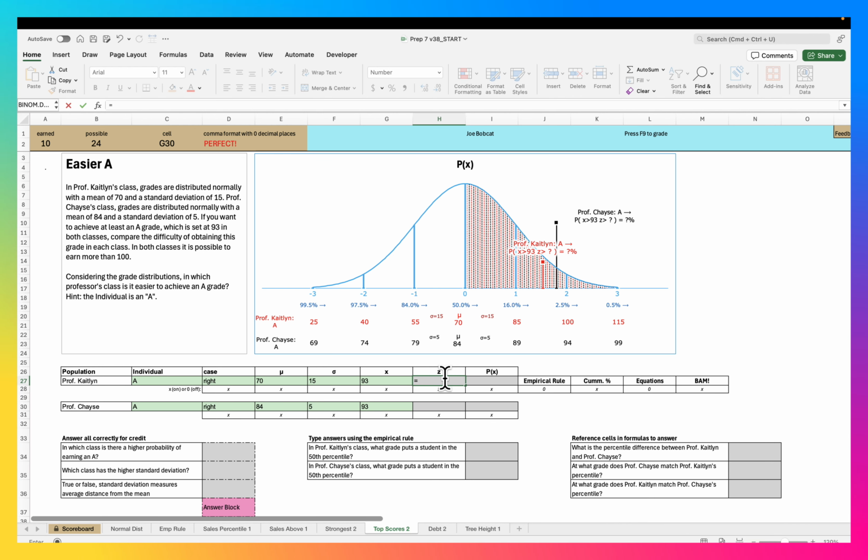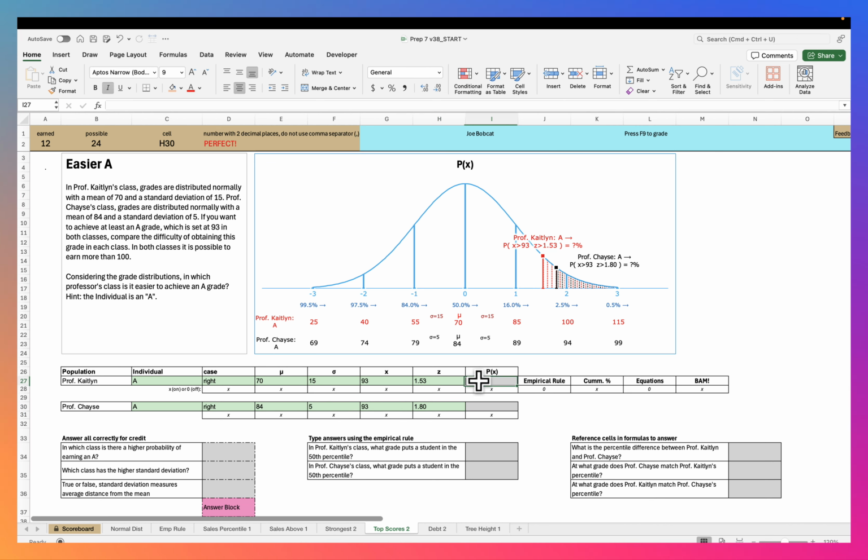So Professor Caitlin equals x minus the mean divided by standard deviation. Chase equals x minus the mean divided by the standard deviation. And then the probability is looking right. So let's go ahead and bring up our equations.